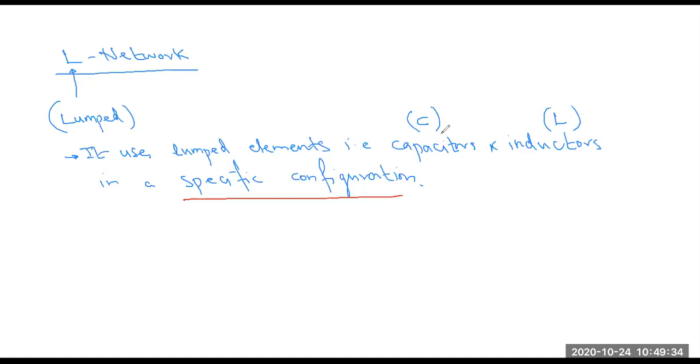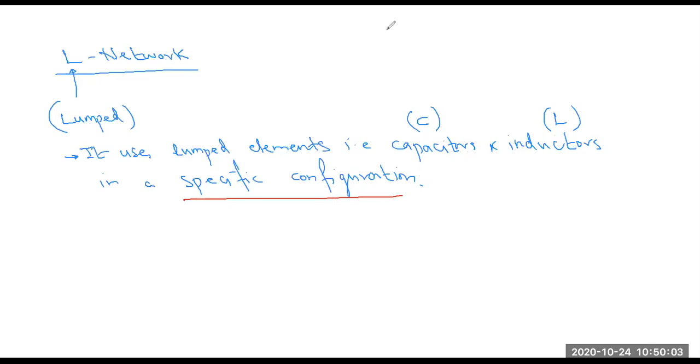You cannot just use a 1 microfarad capacitor or 1 nanohenry inductor and your circuit will be matched. No, it's not like that. You have to find the specific value of the capacitor and inductor. So we are going to talk about the step-by-step design procedure that you can use to match any circuit with the help of capacitors and inductors.